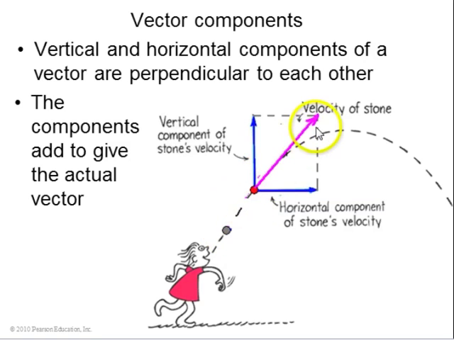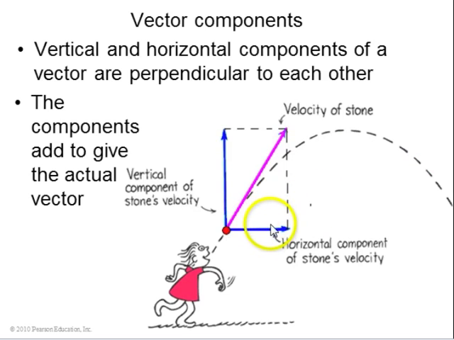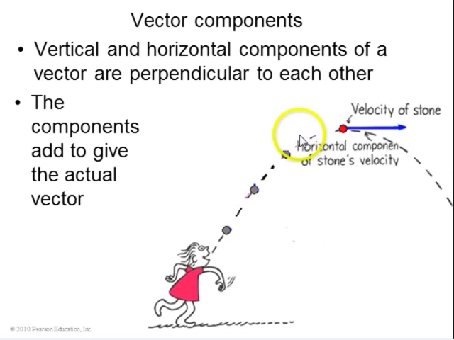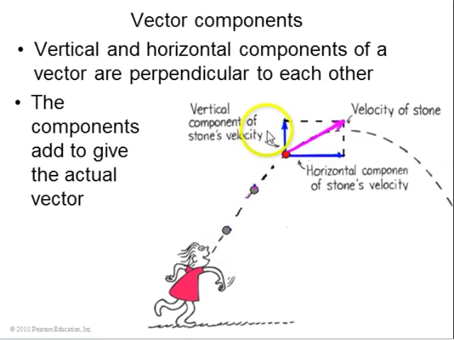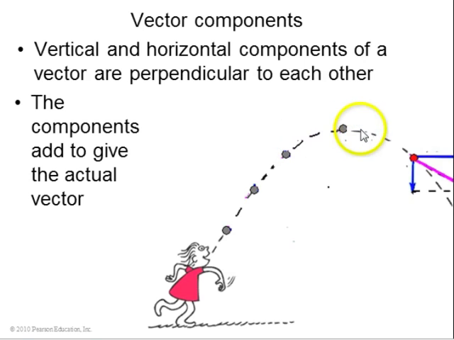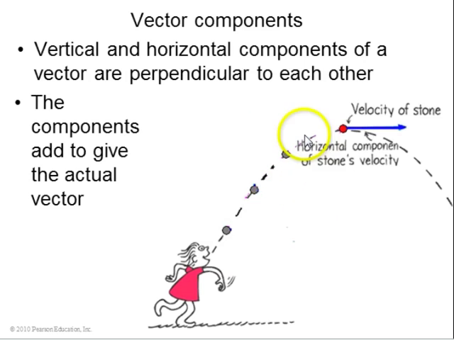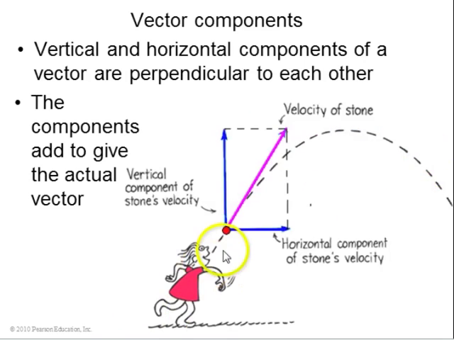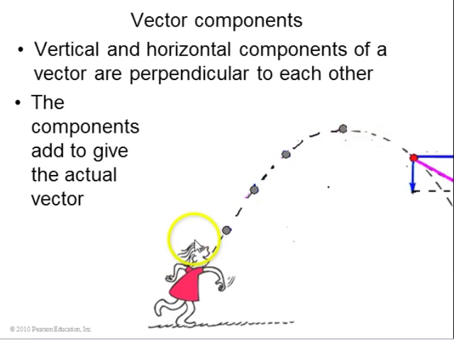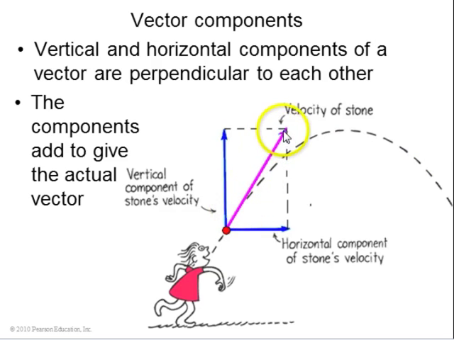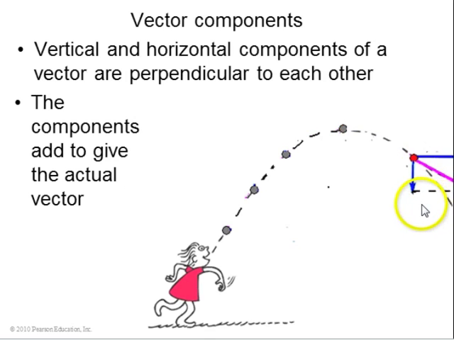But it always can be decomposed into a horizontal component, this blue vector, and a vertical component, this blue vector. And what happens due to gravity is that the vertical component is reduced by 10 meters per second, but the horizontal component doesn't change. It continues. You can see it's always towards the right, and it's always the same length. But they add to give this magenta vector, which is first up and to the right, and lastly down and to the right.